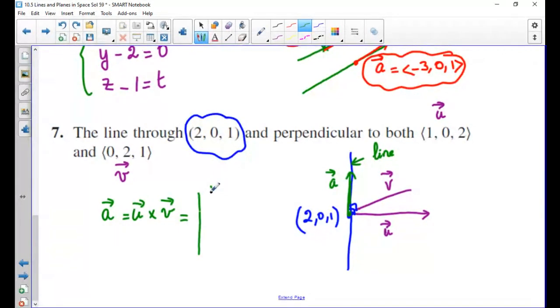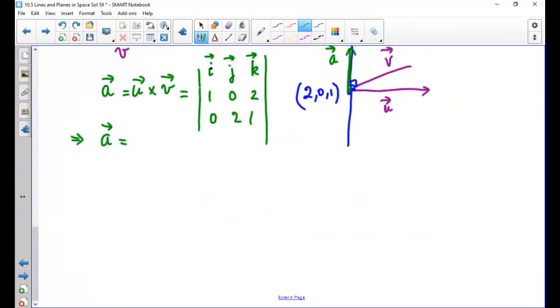So let me do this. So I, J, K, and then U is 1, 0, 2, and the vector V is 0, 2, 1. So what is this vector A then? Let's see if we can find it directly.